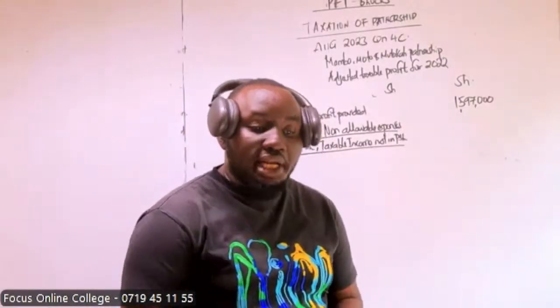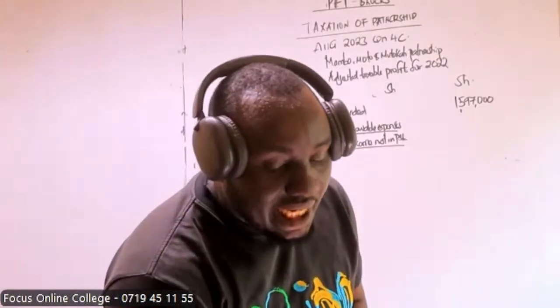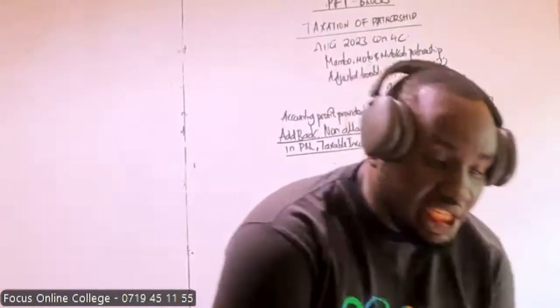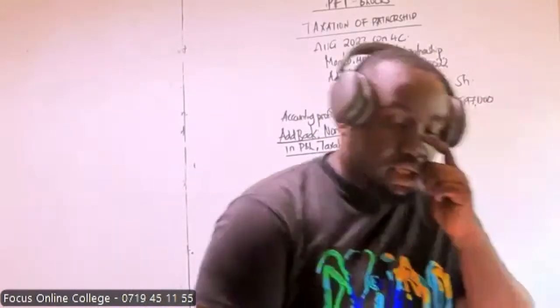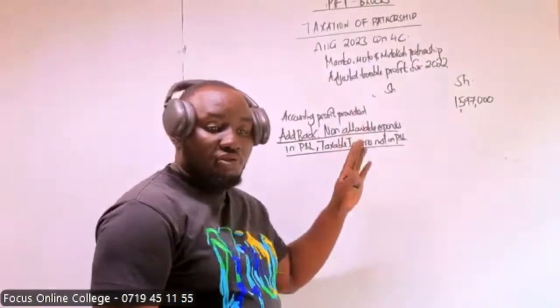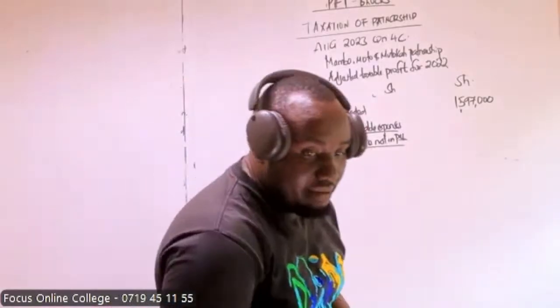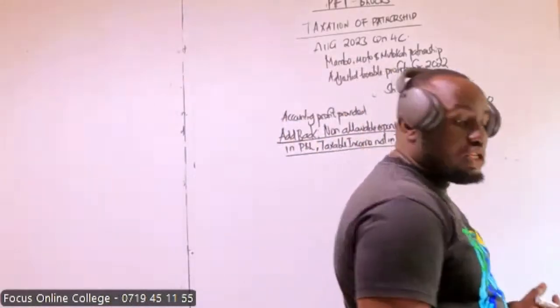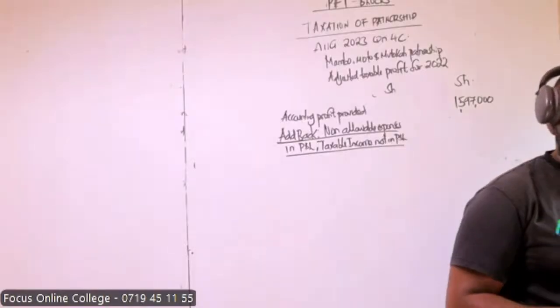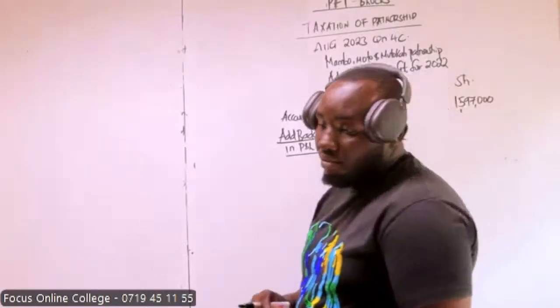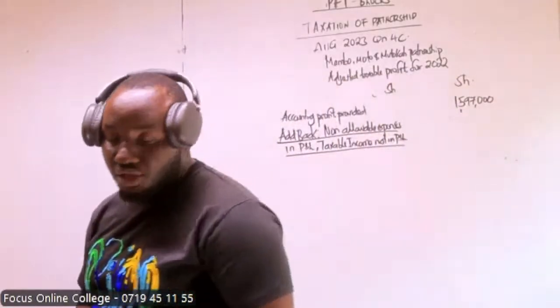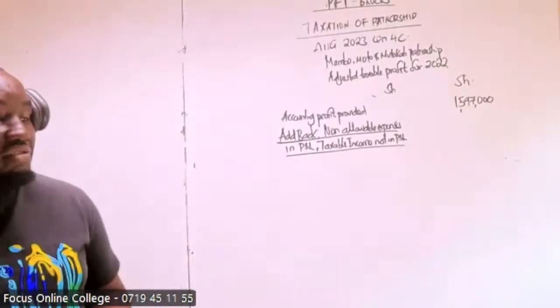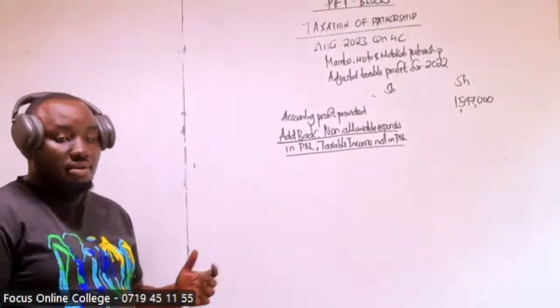Are you seeing the P&L? That P&L means that we have been provided with the accounting profit. So everybody, are we together? Give it a yes if we are together.